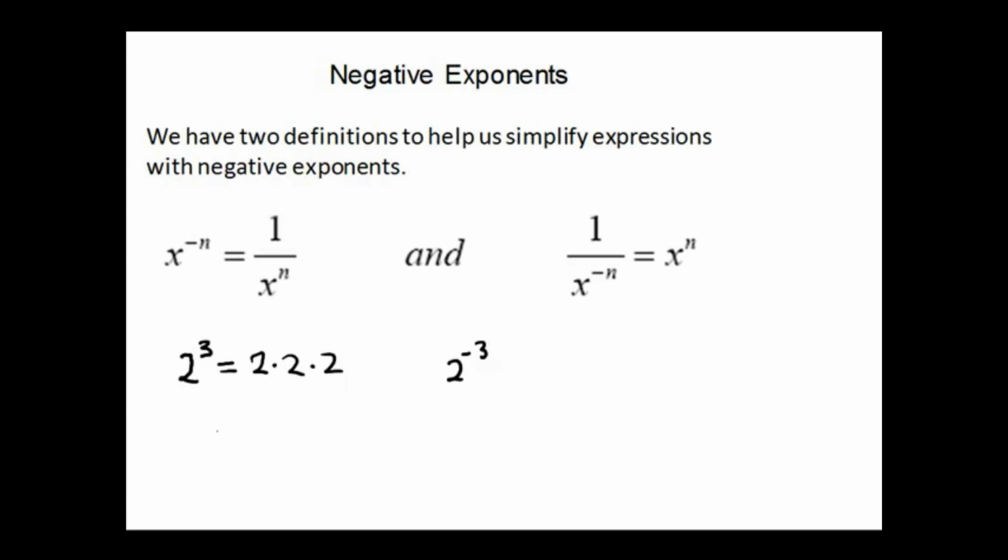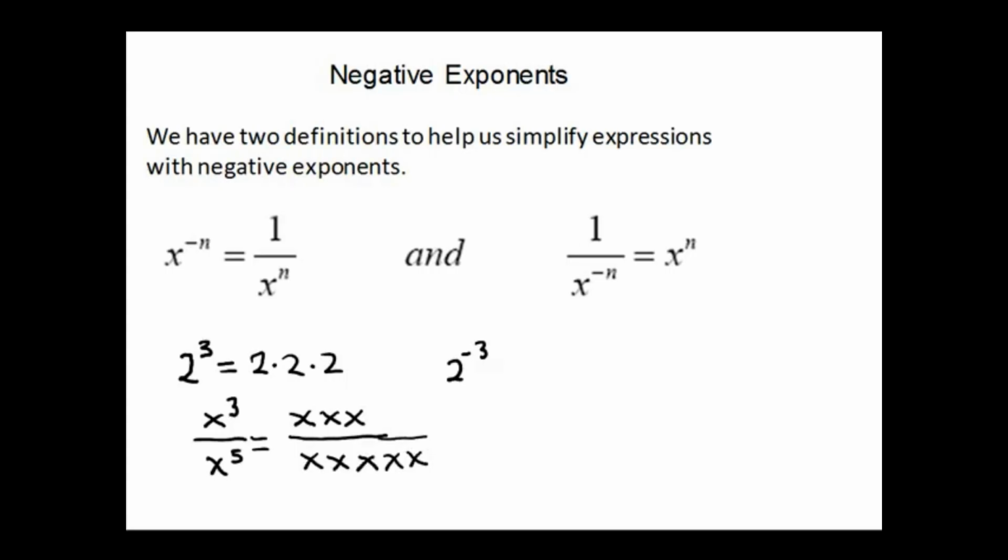If we look at a problem, say x to the third over x to the fifth, we can write those out to see the picture of what this means. It means 3 x's on the numerator and 5 x's on the denominator.